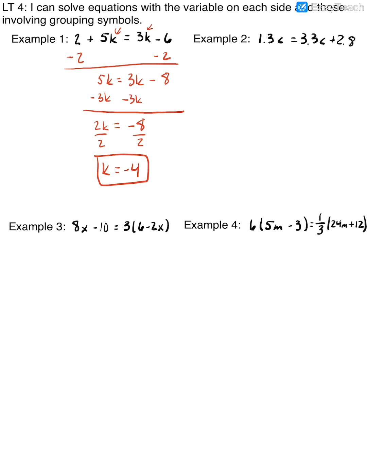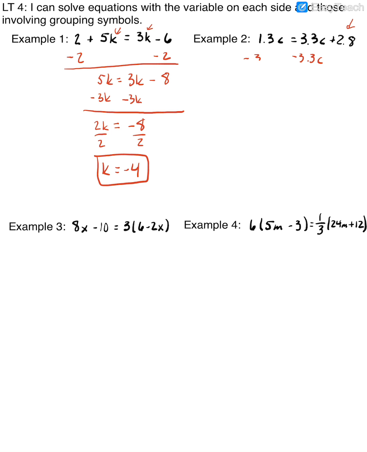So example 2, same idea. Here 2.8 doesn't have a like term on the other side, so I'm just going to leave that. First I'm going to combine my like terms of 3.3c and 1.3c. Because 2.8 is on the right side, I'm going to leave it, so I'm going to choose to move the thing on the same side as 2.8 to the other side, which is this 3.3c.